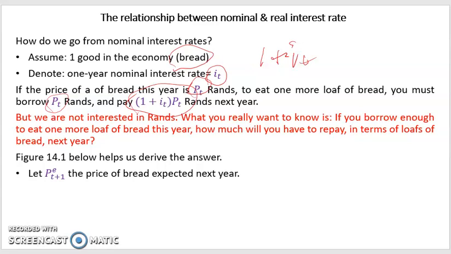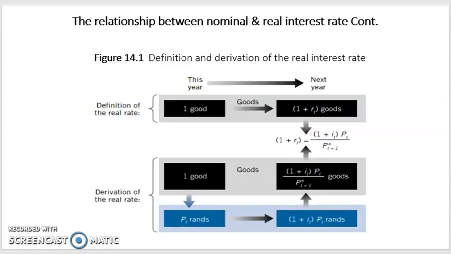So figure 14.1 below helps us derive this answer. We are going to make some simplification, and we let P^e_{t+1} be the price of bread expected next year. So how do we move from nominal interest rate to real interest rate? Figure 14.1 helps us derive this answer.